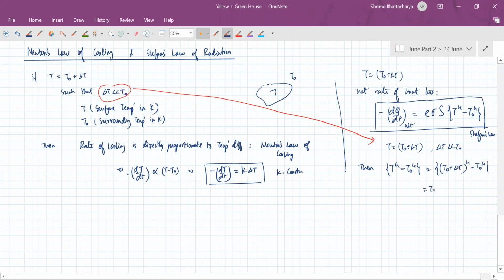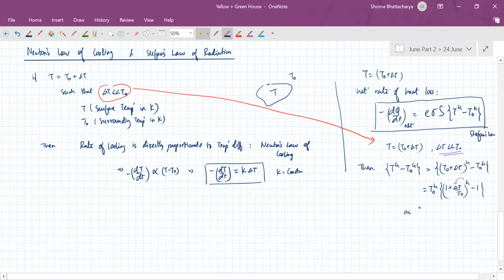Here if we take T naught to the power 4 common, we have 1 plus delta T by T naught, to the power 4, minus 1. Because delta T is small compared to T naught, we can use the binomial approximation.